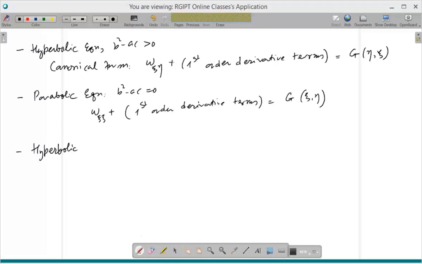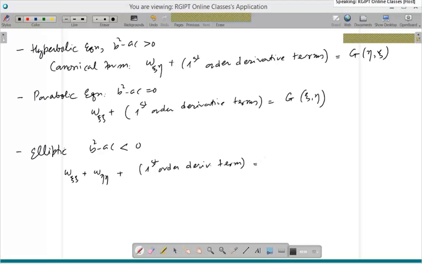And for the elliptic case, where you have b square minus ac less than 0, the canonical form is given by simply w zeta zeta plus w eta eta plus, there is no cross term actually, first order derivative terms equal to some function of zeta and eta.